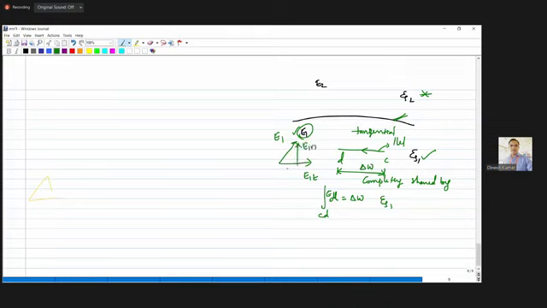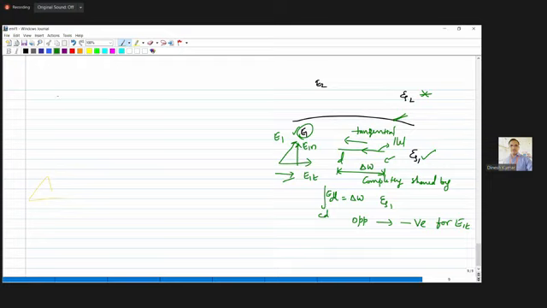See here, the direction of CD is from right to left, but the direction of the tangential component of E1 is from left to right. So both are in opposite direction. Since both are in opposite direction, we have to go with a negative sign for E1t.